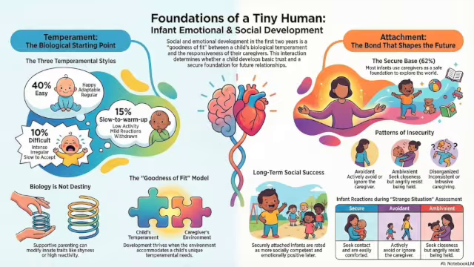Well, it begins with the most fundamental building block of all human relationships: trust. Yeah. If we look at Erik Erikson's psychosocial theory, the very first stage of our personality development, and this is happening right from birth to about 1 year of age, is the conflict of basic trust versus mistrust. So they are basically deciding right away if the world is good or bad. Essentially, yes.